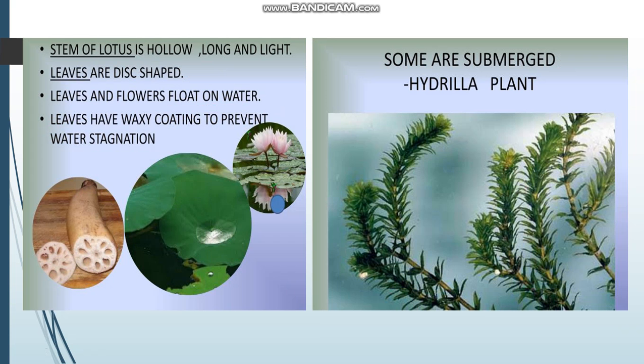The stem of the lotus is long and light. The leaves are disc-shaped and have a waxy coat so that they can float in water and prevent water stagnation. Submerged plants like hydrilla can bend in the flowing water. So these are some of the adaptations.